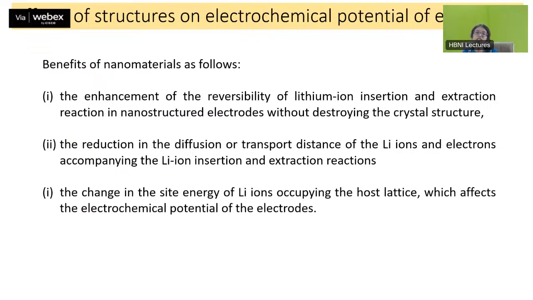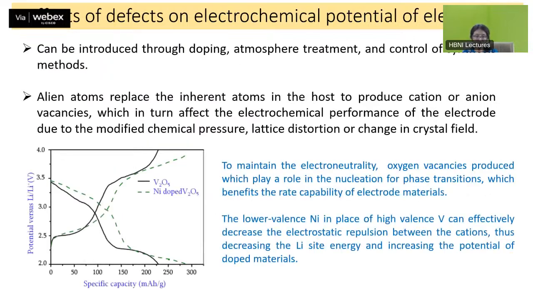Site energy is nothing but dH by dN, where N is the number of the intercalating ions going in. This dH by dN value is the site energy, and the site energy change in nanomaterials is advantageous for a better electrochemical potential of the electrodes.